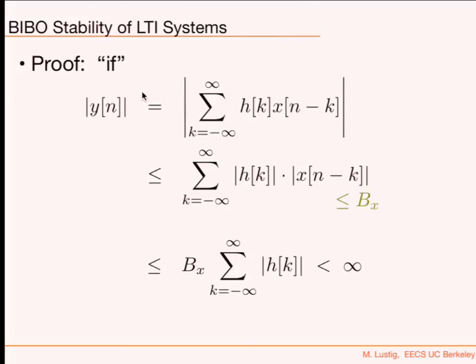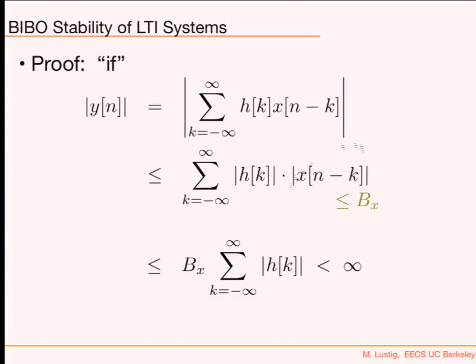So this is exactly y of n, because I can characterize it. Take the absolute value of this. But of course, this is less than the absolute value of this multiplied by the absolute value of this. Great.